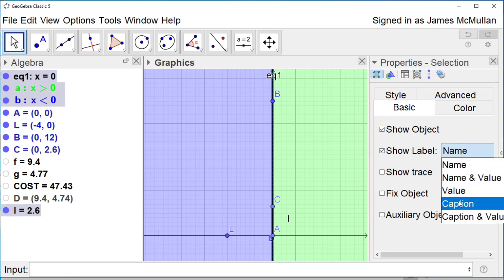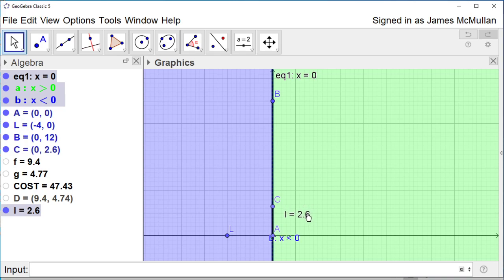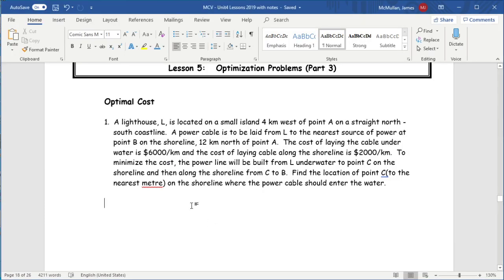All right, so my variable is L, okay? And whatever I make L, first of all, let's think about the domain of L. So the variable is going to be L, and what does L mean? It means the distance along the shore not covered by the cable.